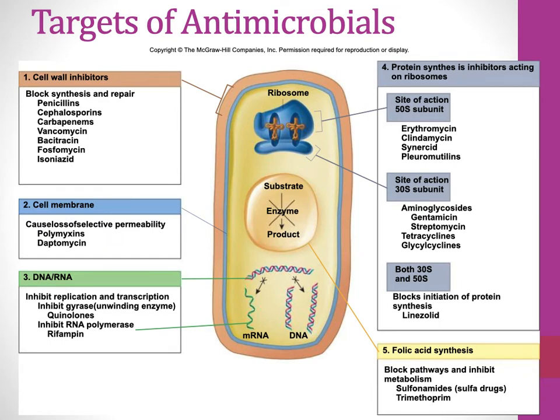So with antimicrobials, and more specifically antibiotics, they have several different targets or mechanisms of action. And so this figure very nicely shows you a visual of a bacteria here, and there are different cellular structures, and this is where Unit 1 was really important. So there are different cellular structures in the bacteria that we can actually target.